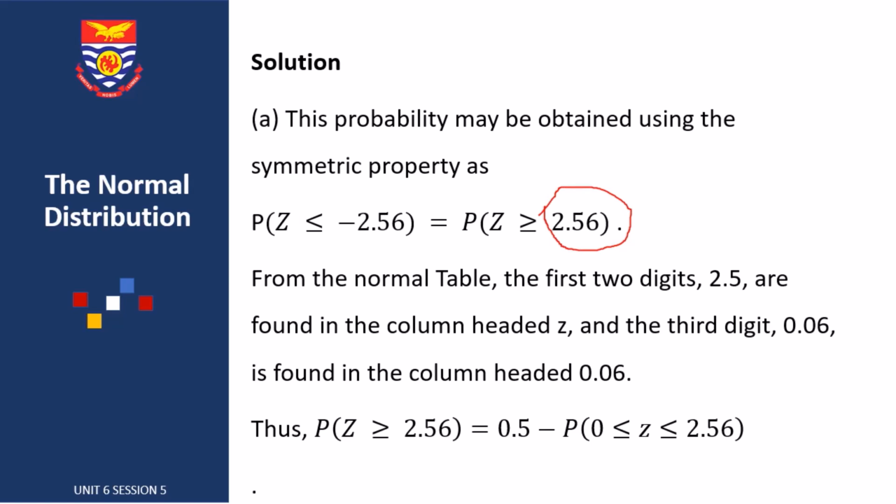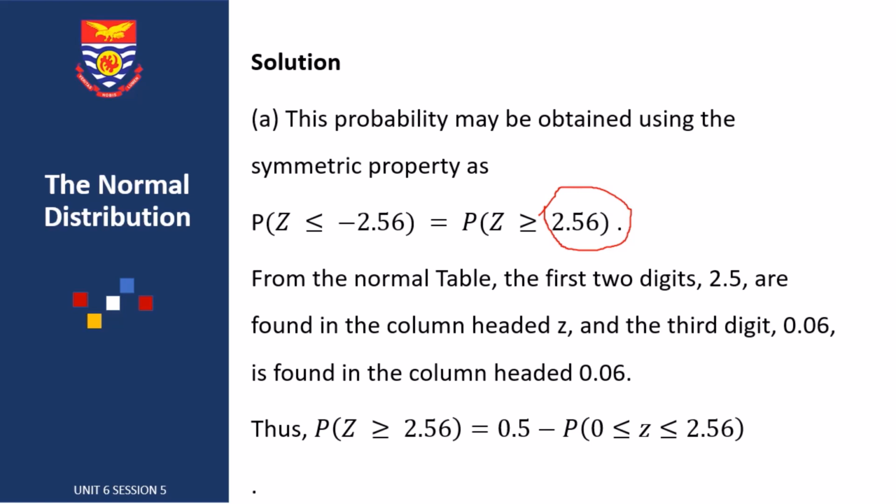And I guess by now we should be able to have a table and know how to read the table. Now how do we read a normal table? I'm going to take you through this example. We are going to read 2.56 from the standard normal table, the half table.